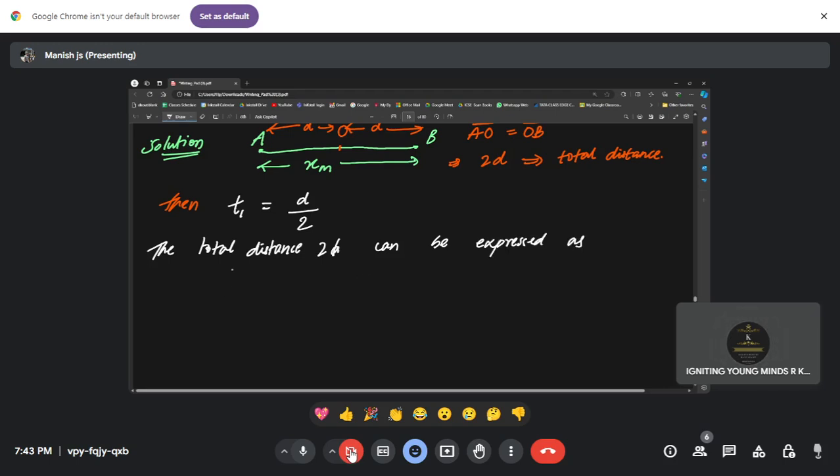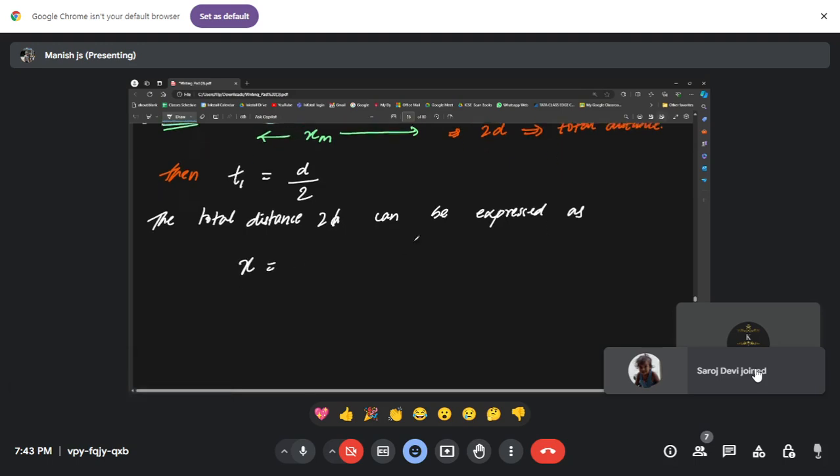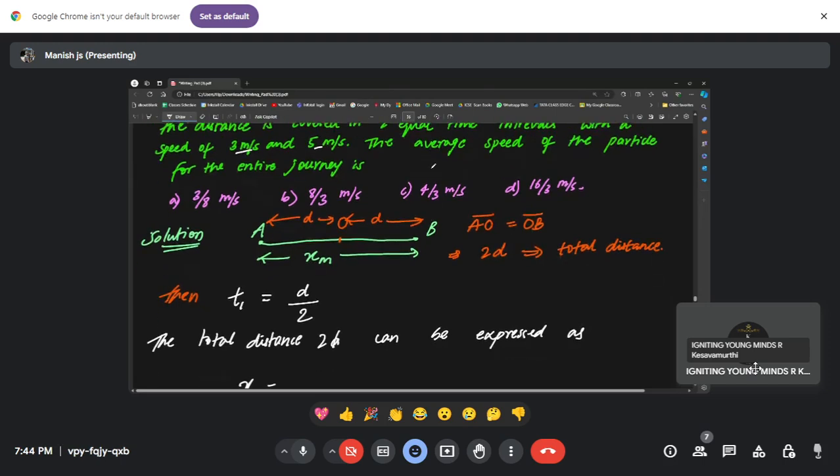You can express this total distance as S is equal to, okay, we have used the letter X, so let me use X as well. So X is equal to, now what about the distance traveled from O to B? You can see we have two speeds, which are 3 and 5 meters per second.